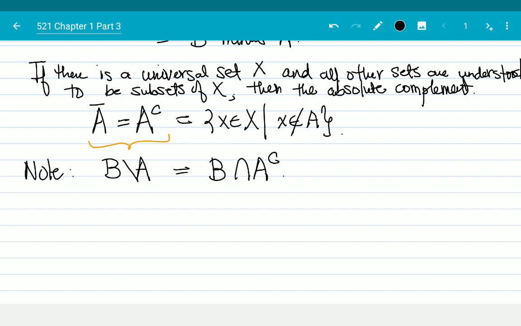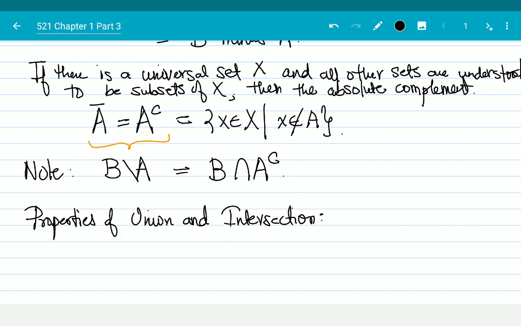Properties of union and intersection. Well, first, it is commutative.